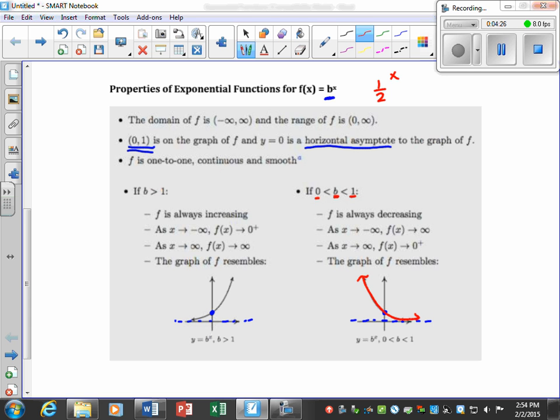So it's going to appear to look more like this shape. So we can see we have conditions in respect to the base, as to whether we're looking at an exponential function here, or an exponential function over on the other side in red.